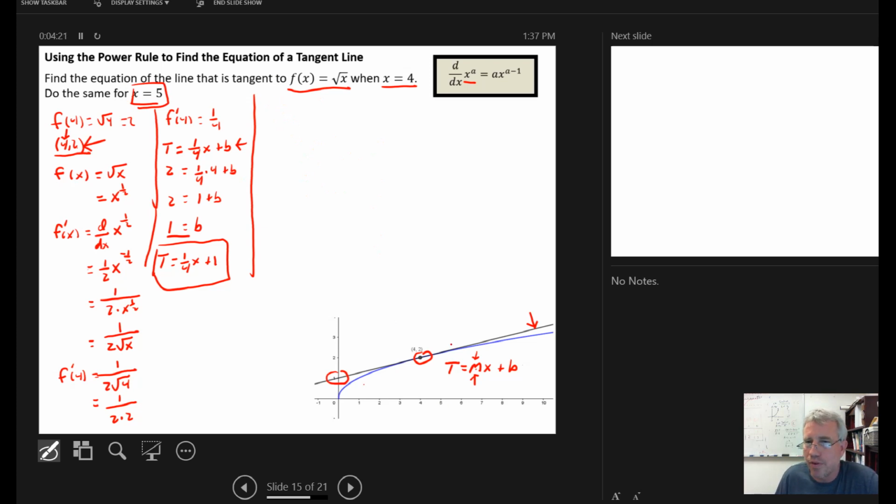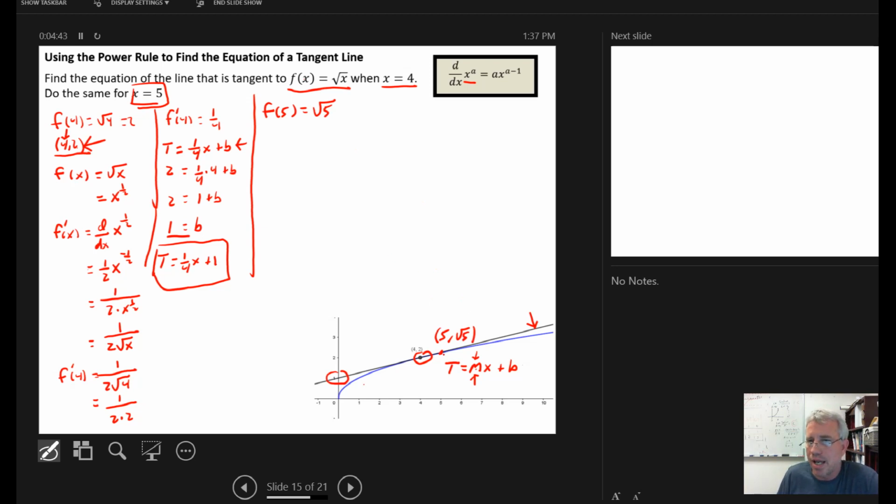I would need to find the point on the graph of f of x when x equals 5. So to do that, I would just calculate f of 5, which equals the square root of x, but I'm replacing x with 5, so the square root of 5. So the ordered pair on the graph would be input 5, output square root of 5.